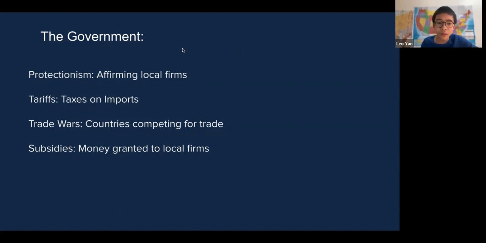But one type of protectionism that's extremely extreme as a part of a trade war is an embargo. So countries rarely do this because this hurts both countries. But an embargo is basically when a country completely bans another country from doing business with the country.